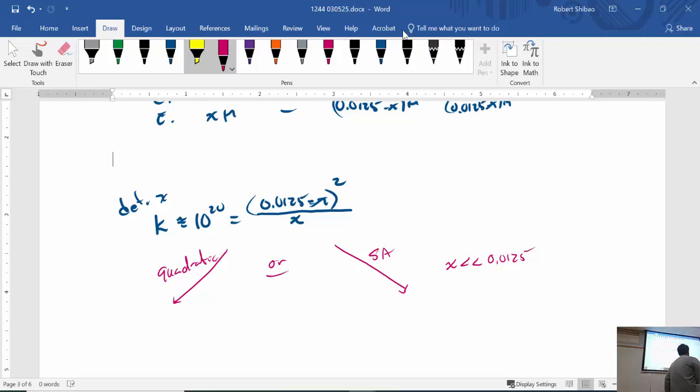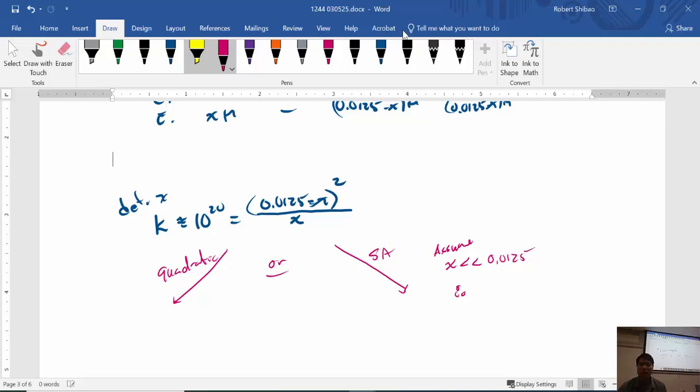So even though 0.0125 is a small number, we're going to say that x is even smaller, much smaller than 0.0125, so that there's barely any change. So we assume that x is much smaller than 0.0125.